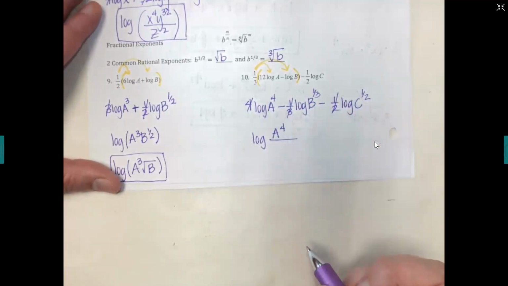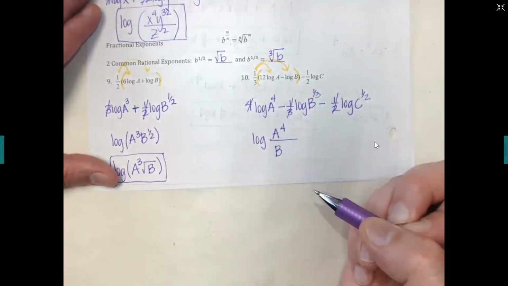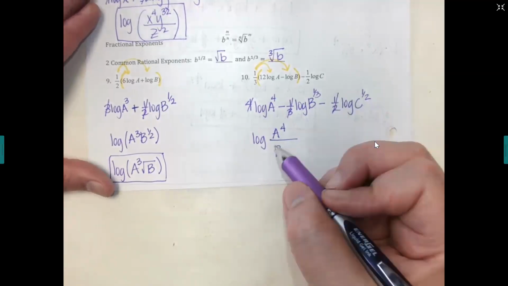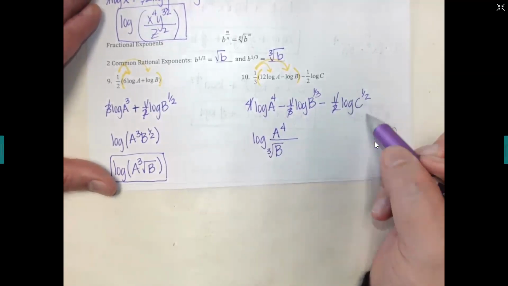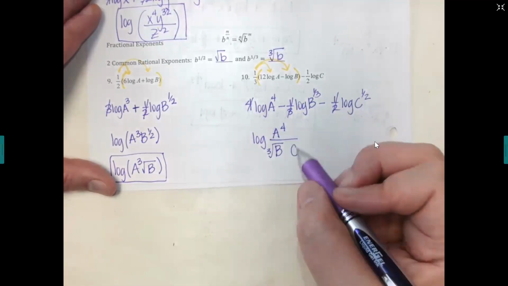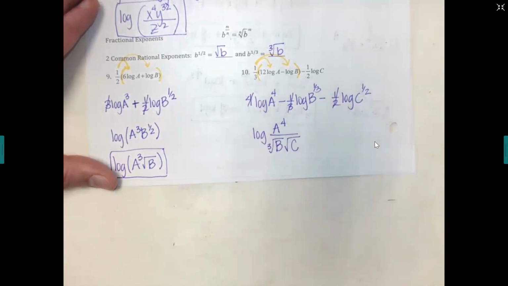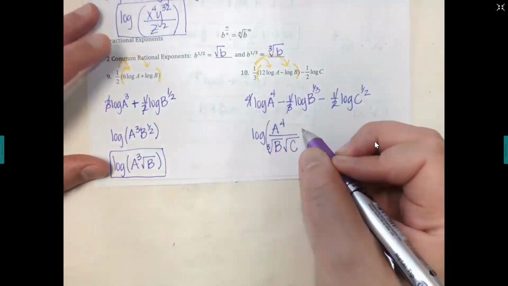A4 will be on top, where will the B go? Bottom, and if it's a third power, what is that the same as? Cubic root, very good. And then my C, where will it go, top or bottom? Bottom, and it'll be under what type of root? Square root. And remember, for a square root, there's an understood 2 in the elbow that you don't have to write. Okay? So that would be your answer.